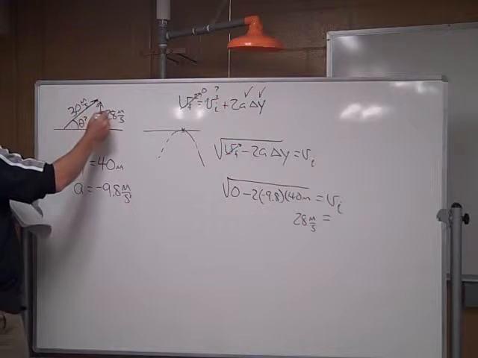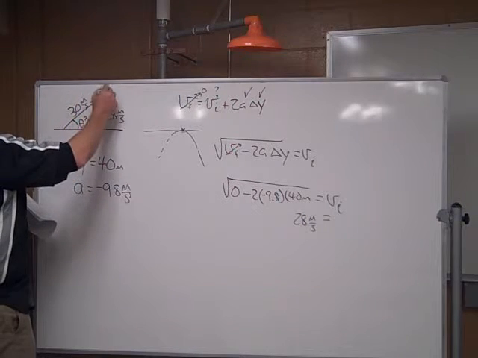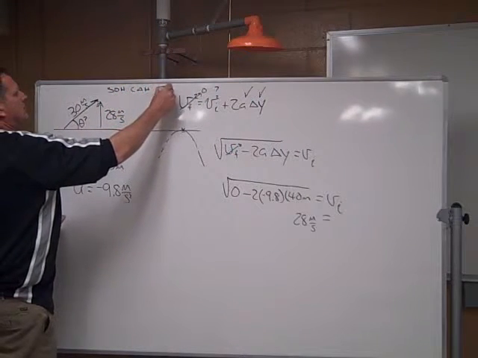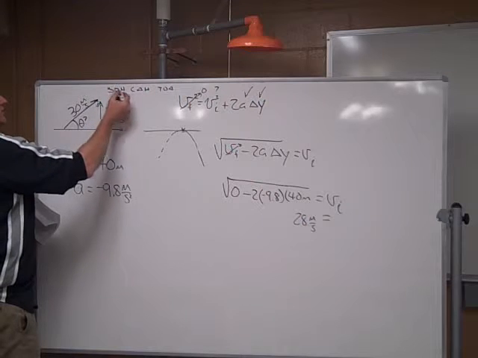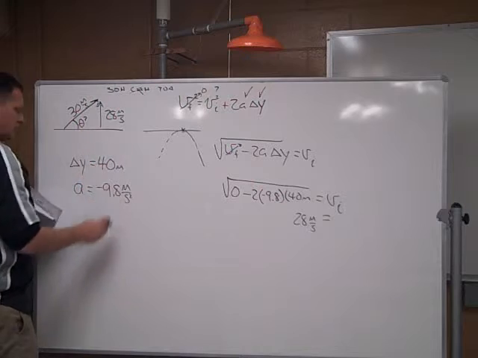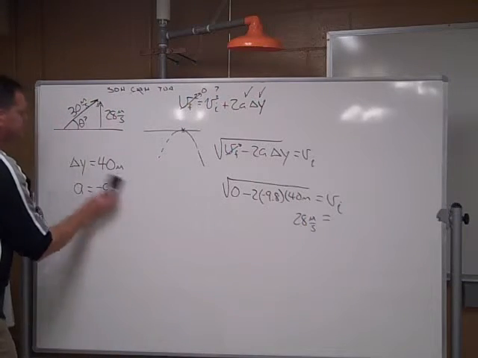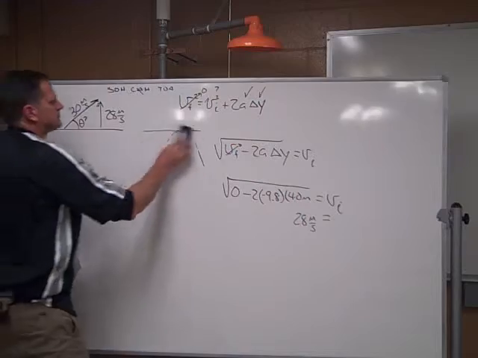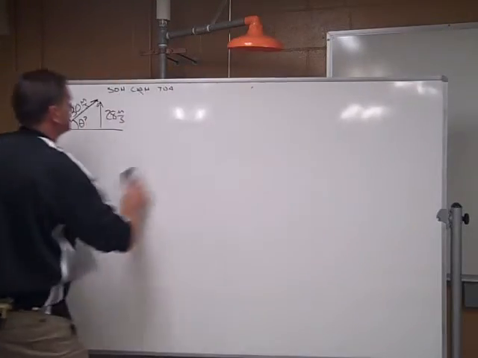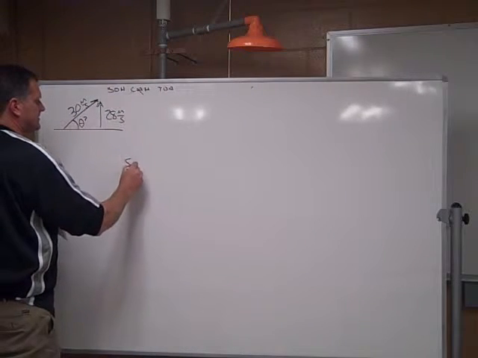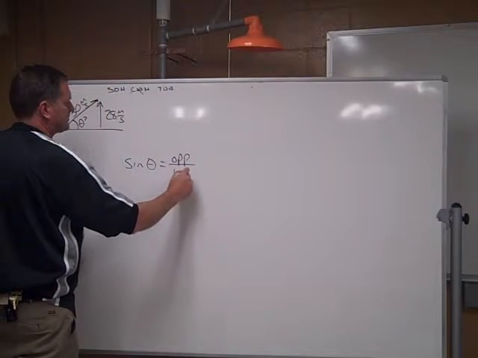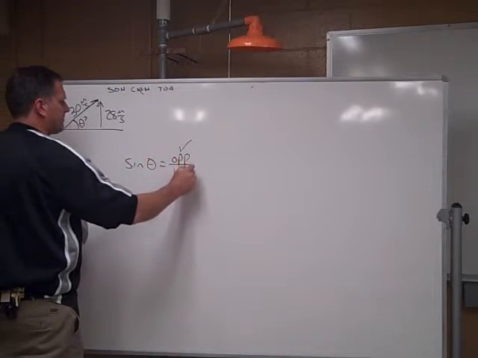So if we know this and we know this, we can determine theta. SOHCAHTOA. We have the opposite, and this doesn't have the adjacent involved. And we have the hypotenuse. Good. So sine theta is equal to opposite over the hypotenuse.